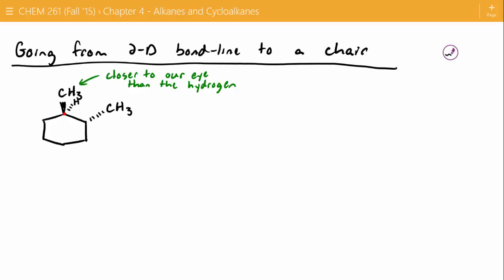Let's go to the other carbon. That means that in this position, we've got a hydrogen that's a wedge, right? So we can say, all right, this methyl group is further away from our eye than hydrogen.